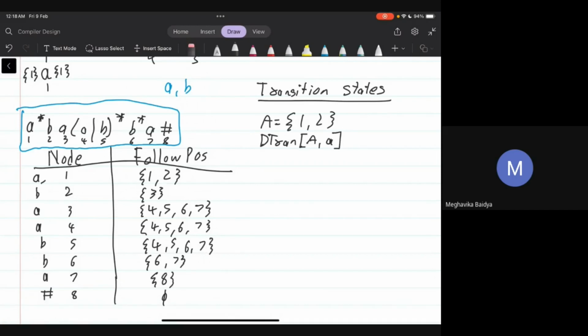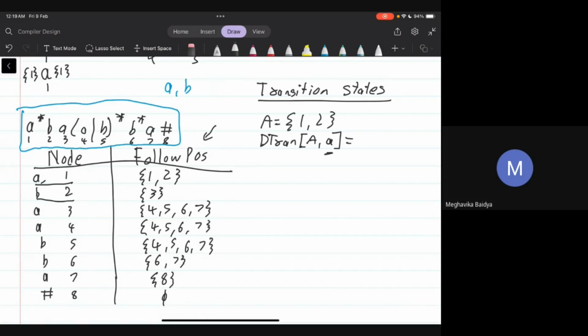So you write Dtran of square bracket A comma a, which will be equal to, now A is equal to 1 comma 2, right? So we have 1 comma 2. We go back to the followpos table and we see, 1 is A and 2 is B. So what you have to do is match with the input symbol.